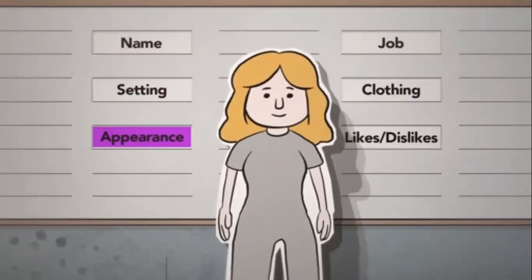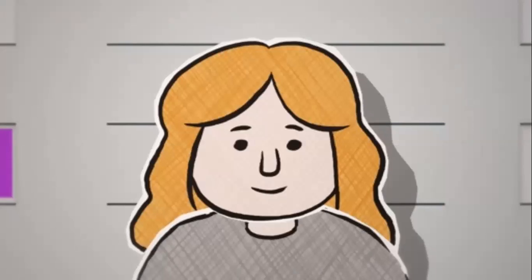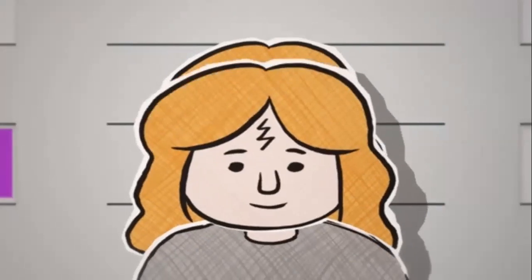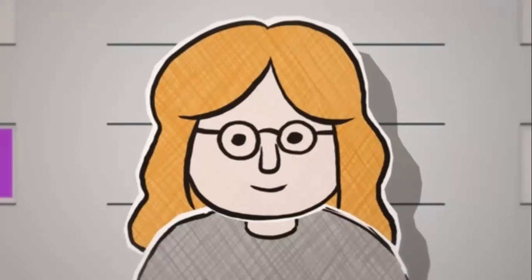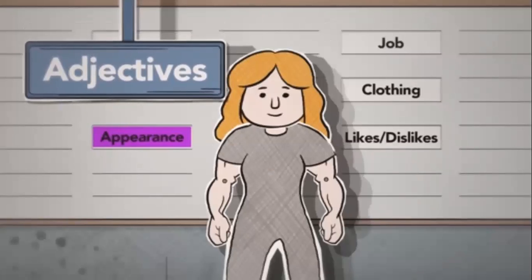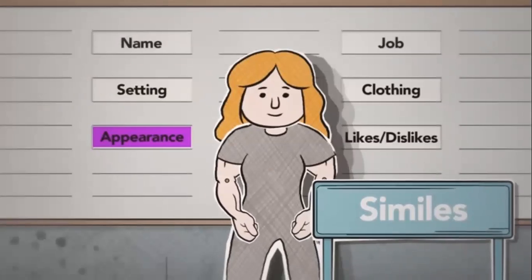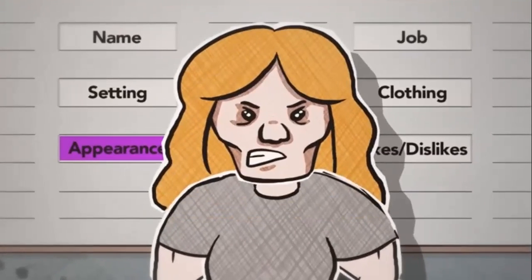That's better. And what if we give her biceps the size of footballs? Maybe your character has an unusual feature, such as a scar. Been done before. Or glasses. Been done before too. Don't just list their height, build and features. Use descriptive language, including plenty of adjectives, as this will really help bring your characters to life. Similes can help give the readers a clear image of your character too. What if she has cheekbones sharp as razors, and her black eyes are like a shark's?